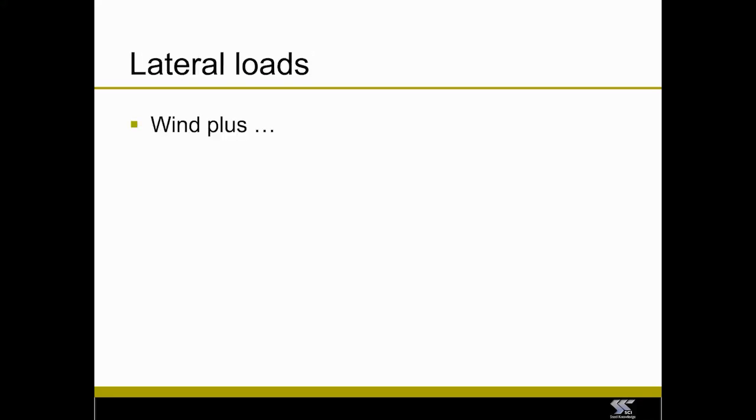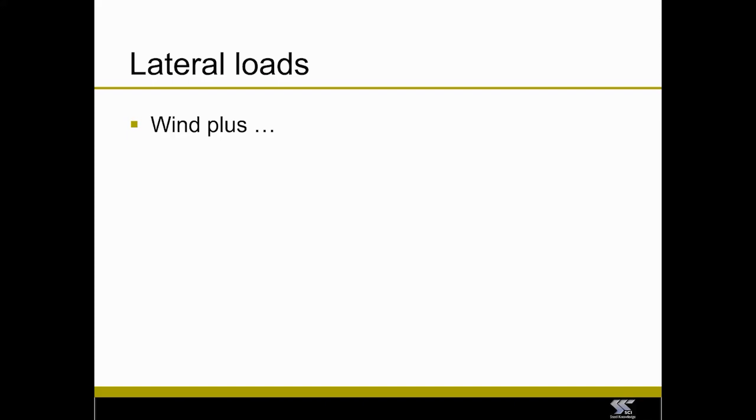So one of the main things is obviously what lateral loads are we dealing with? So we're obviously thinking about wind loads. We're talking about design within the UK in terms of the scope of this publication and this webinar. If we were designing in seismic zones, we'd also have seismic horizontal forces to consider as well.